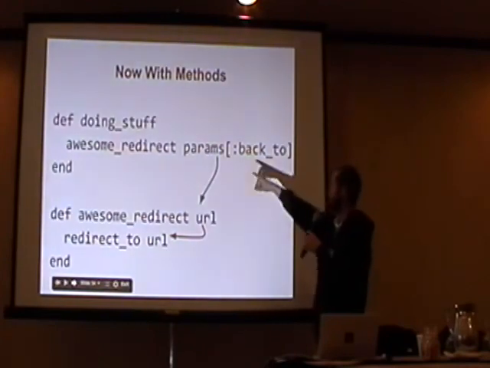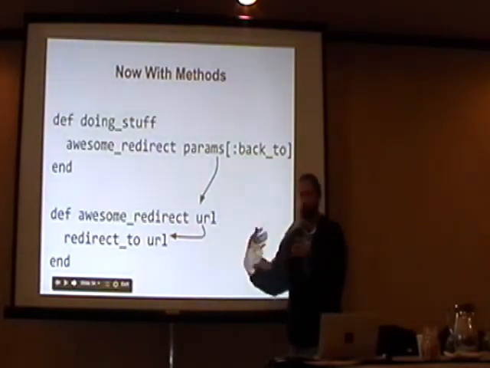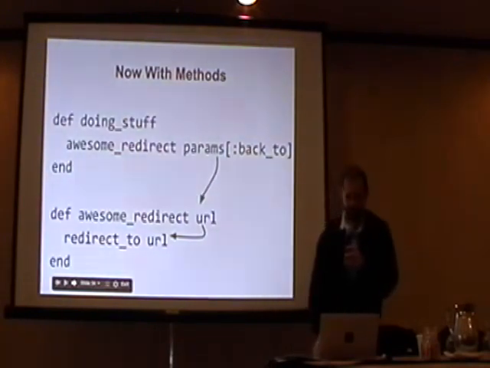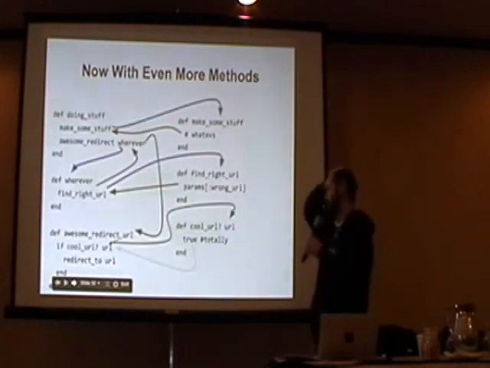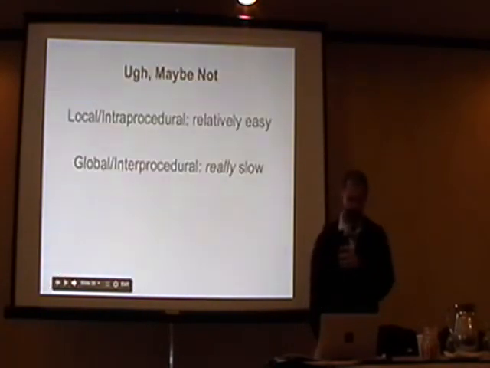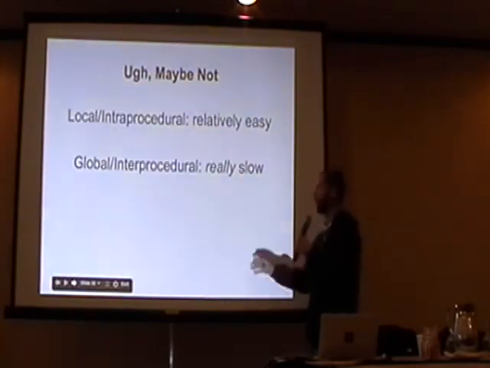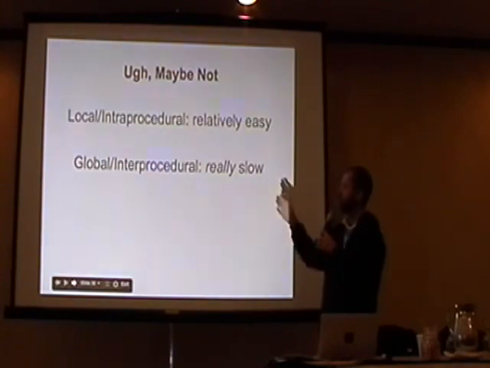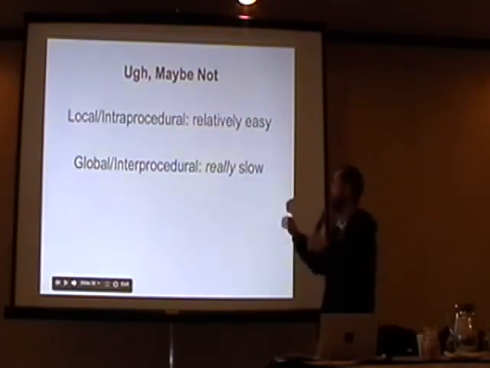All right, so we call a method and pass this in, and then we can do this. We just keep copying stuff. Now more methods? Maybe we won't do that. If you do local, or what's sometimes called intra-procedural data flow analysis, that's easy.